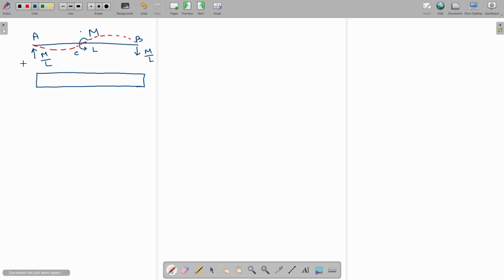Therefore, since it is a sagging moment, anything drawn will be above the baseline. So first we'll draw a curve above the baseline like this. And since it is hogging, it will be below the baseline like this.